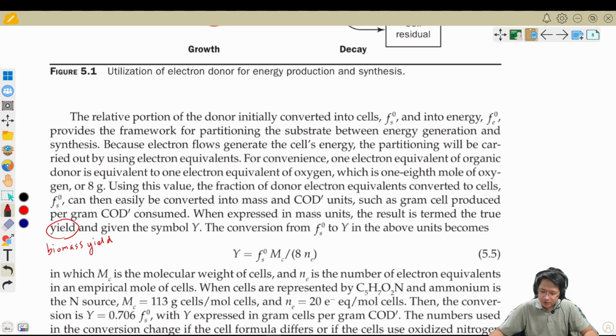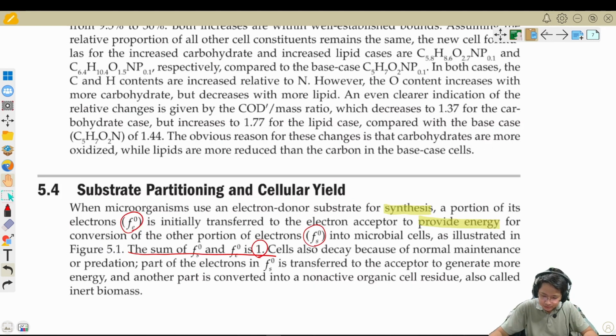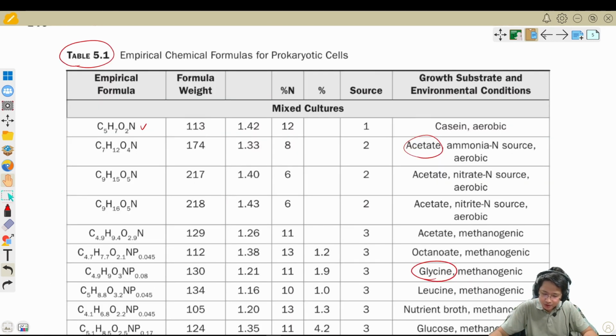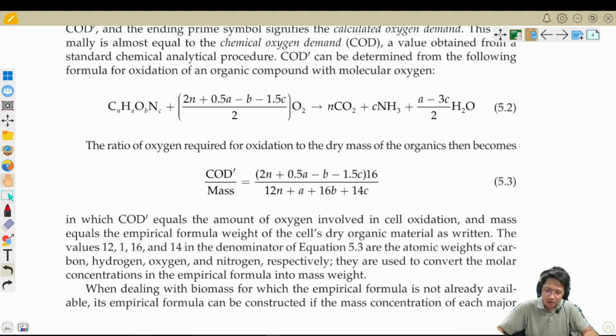So the biomass yield is basically the concept of how much COD consumed will generate how much amount of biomass. So here we can go back to the page here.